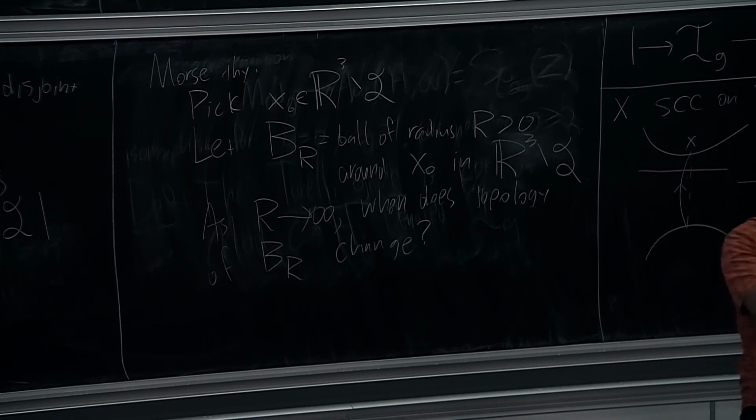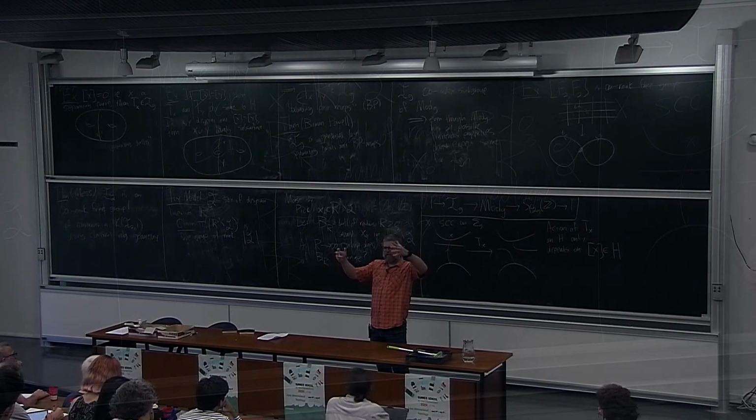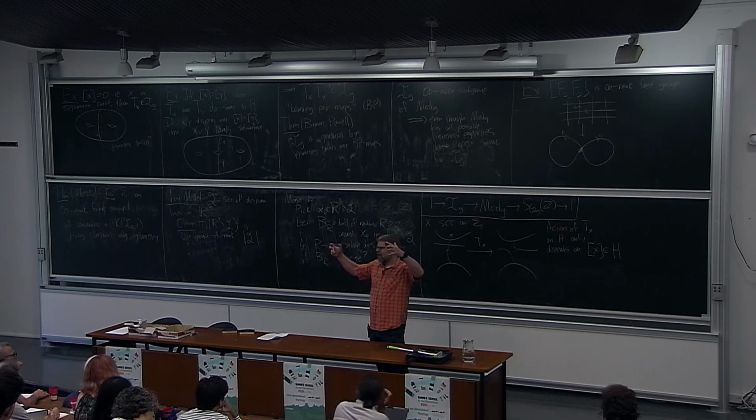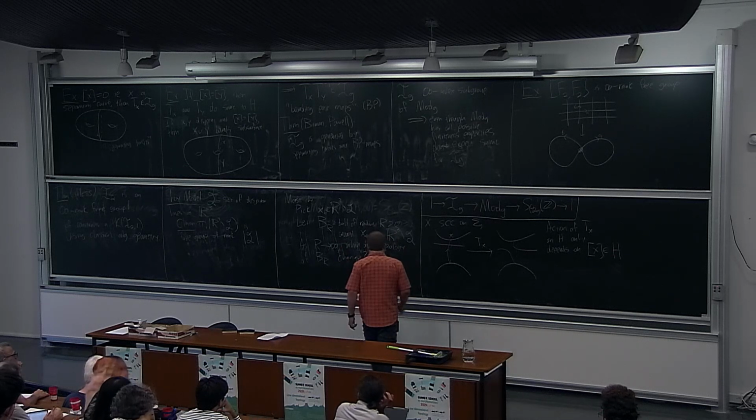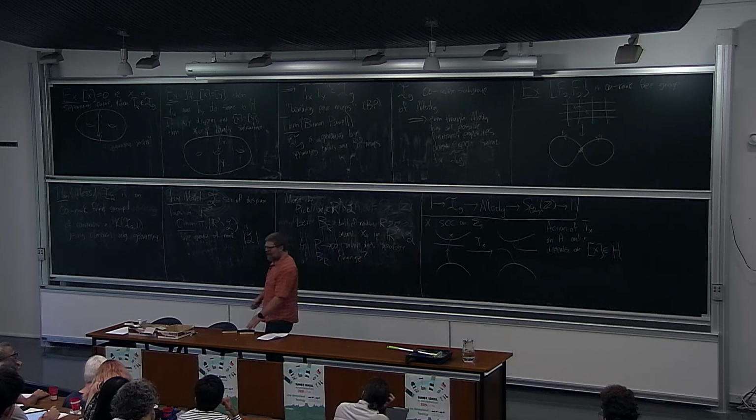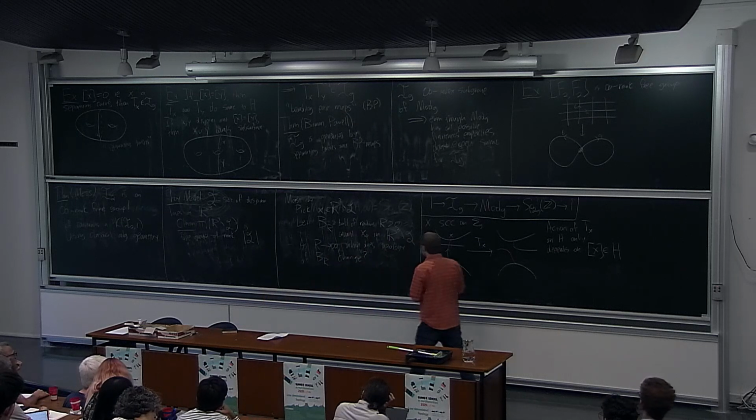So it starts off disjoint from all the lines. The first time it changes is when it becomes tangent to one of these lines, right? And every time it becomes tangent to a new line, something happens.